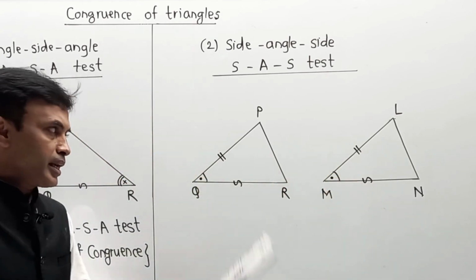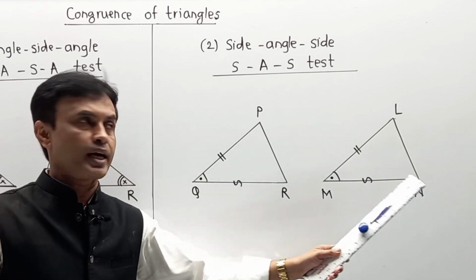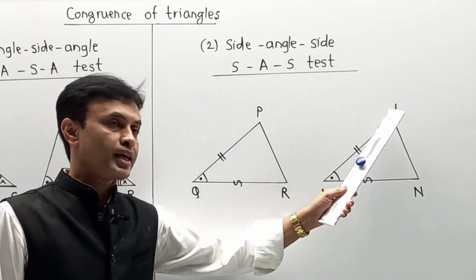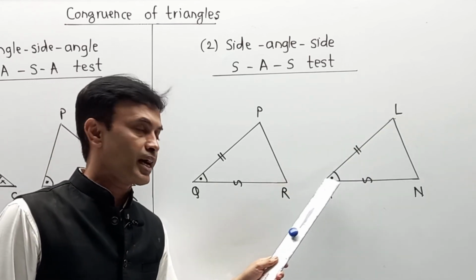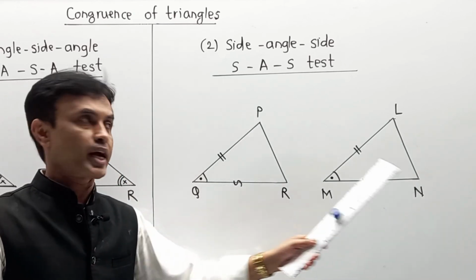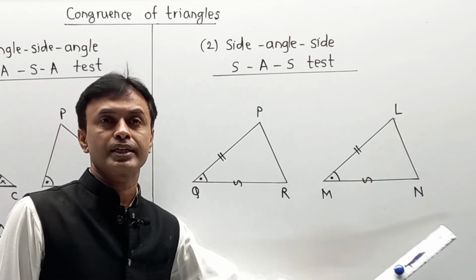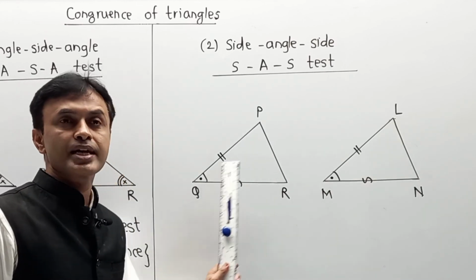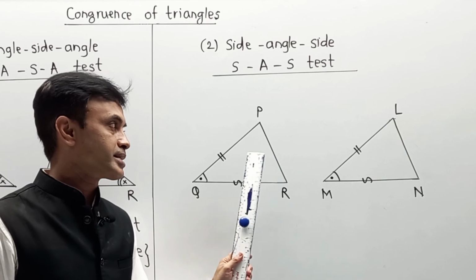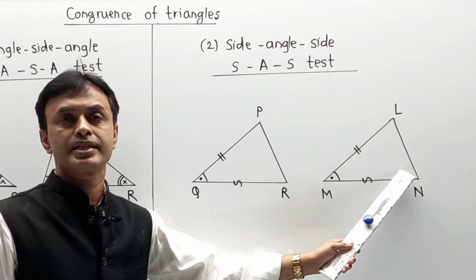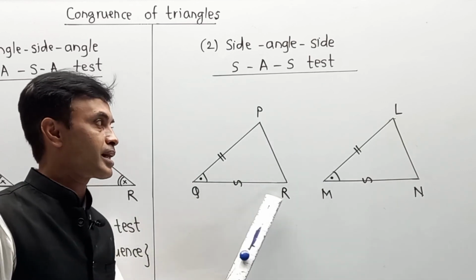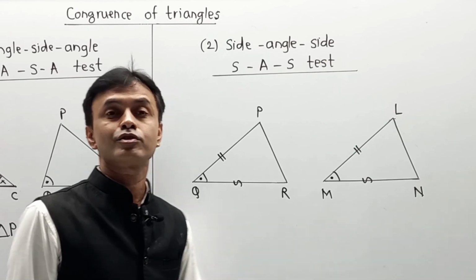Means in two given triangles, side angle side of the first triangle is exactly congruent with side angle side of the second triangle. Or you can also say that when in two given triangles, two connected sides and the common angle are exactly congruent with two connected sides and the common angle of the second triangle, then it is said that the first triangle is congruent with the second triangle by the side angle side test of congruency.